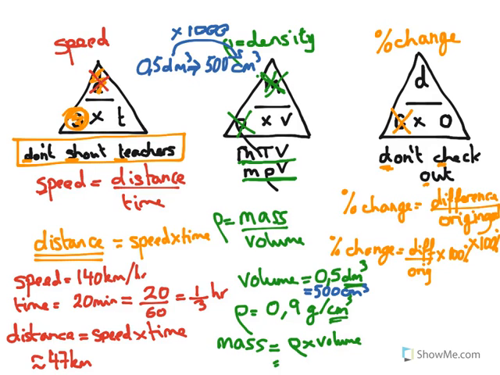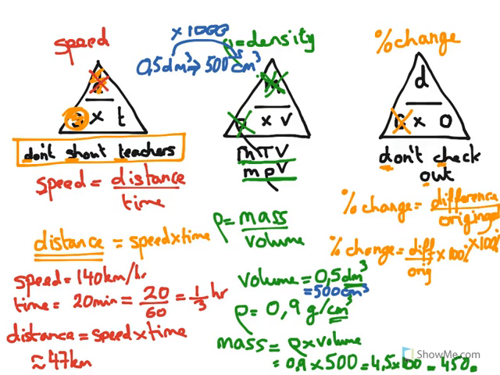We know the density is 0.9 gram per centimetre cubed, and we know that the volume that we have is 500 centimetres cubed. We know that 5 nines are 45, so 5 times 0.9 would be 4.5 times 100, giving us 450 grams.